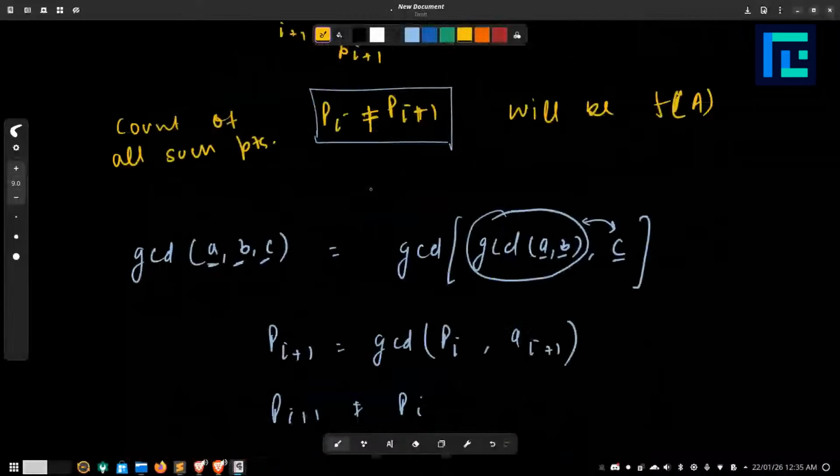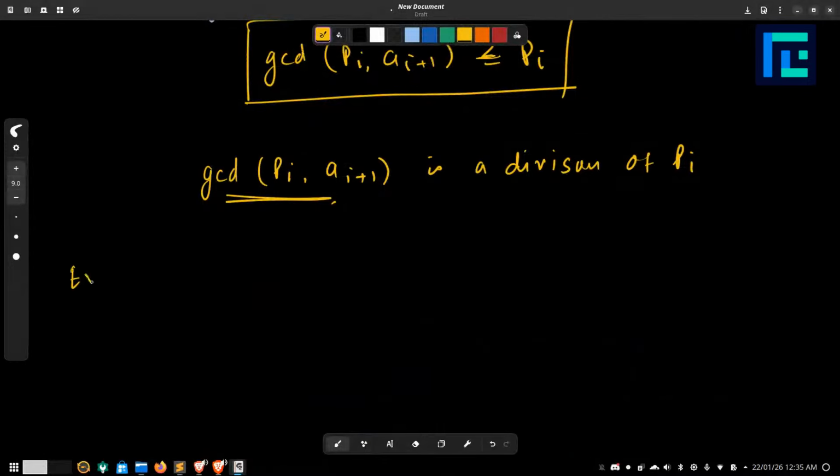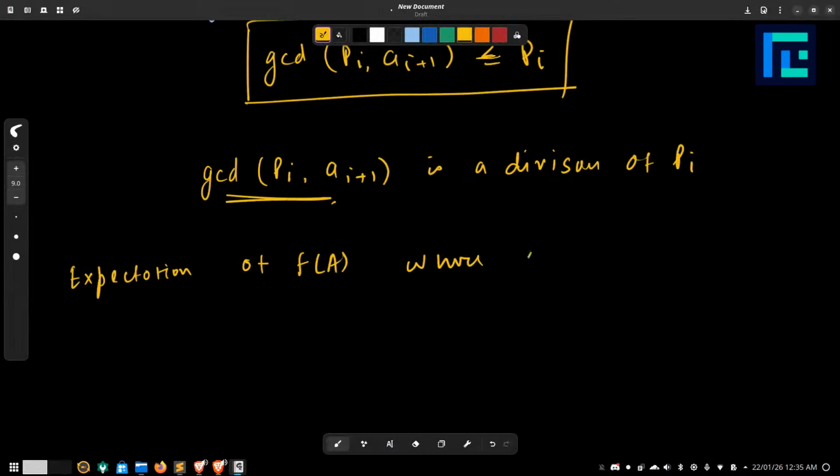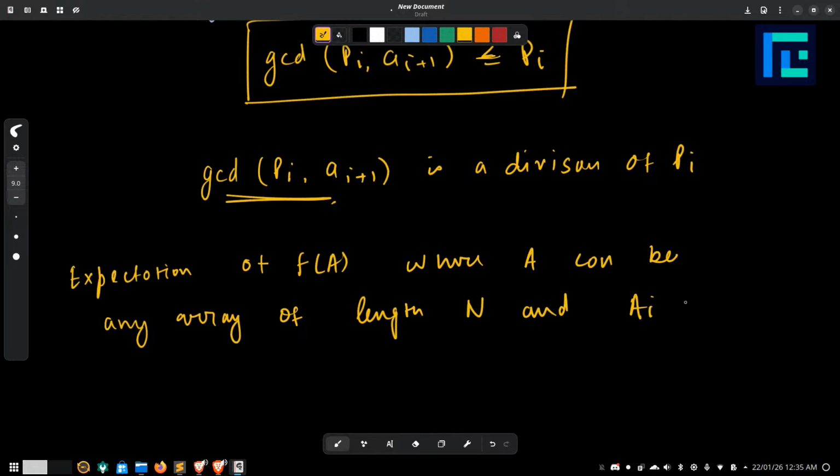Now what we need to do is find the expectation of f of a, where a can be any array of length n and ai is from 1 till n.